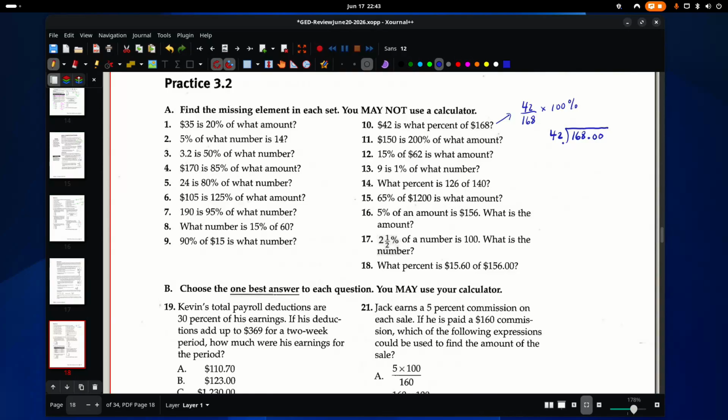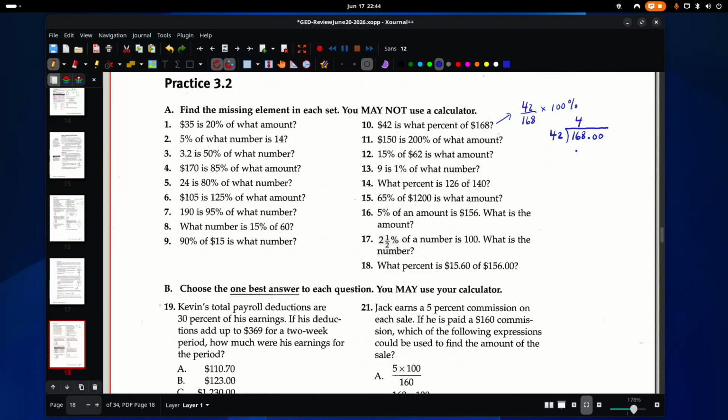All right, so 42 goes into 168 how many times? So 42 times 4 gives us 168, actually. Oh, I guess we didn't need long division, so this goes in 4 times.